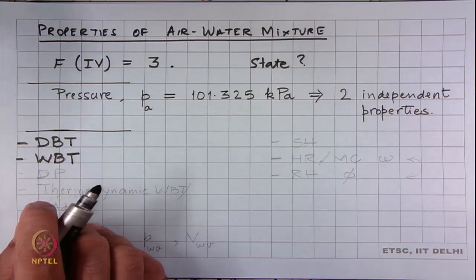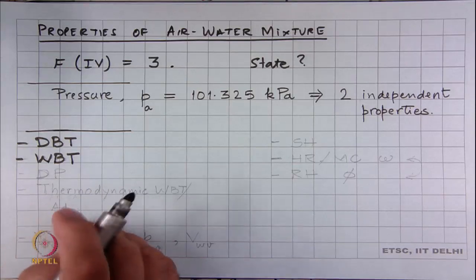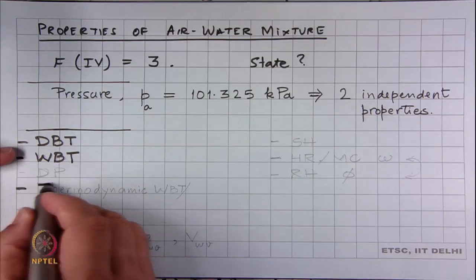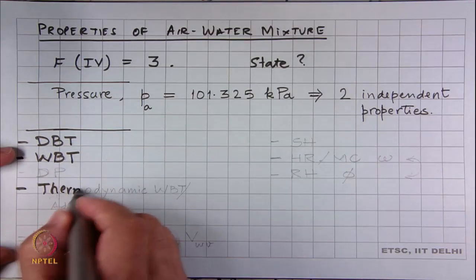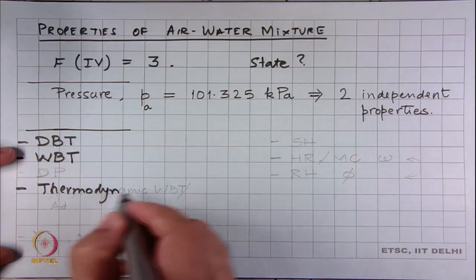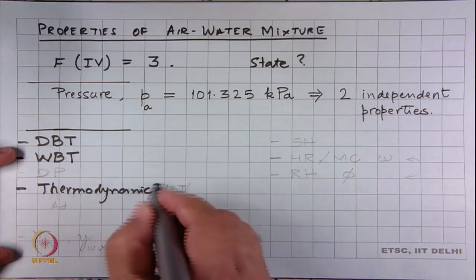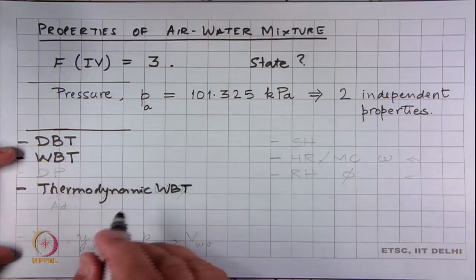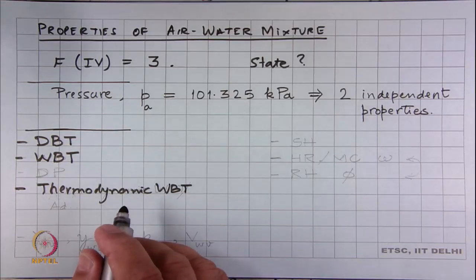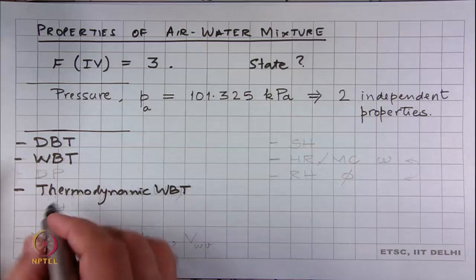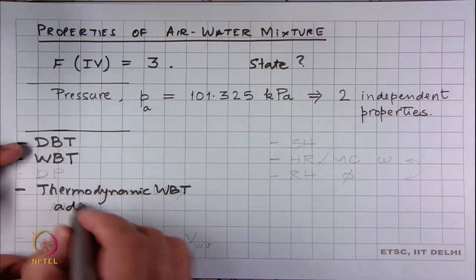That temperature is the wet bulb temperature or the thermodynamic wet bulb temperature, which we then said is slightly different from WBT. So, this is the ideal case which we will get from an adiabatic saturator.